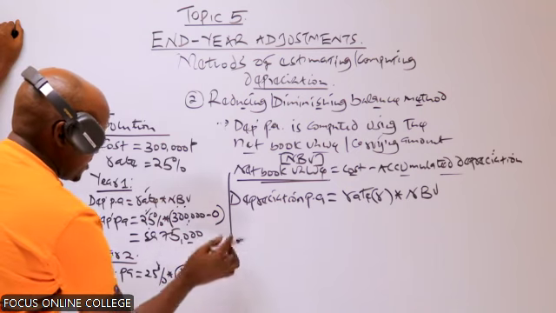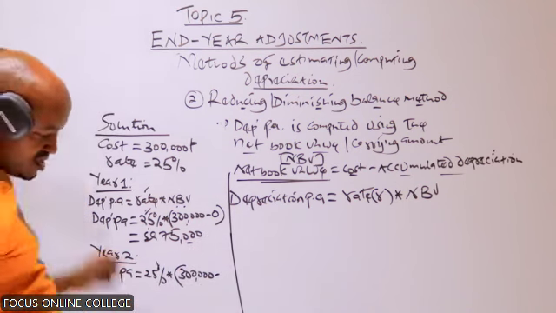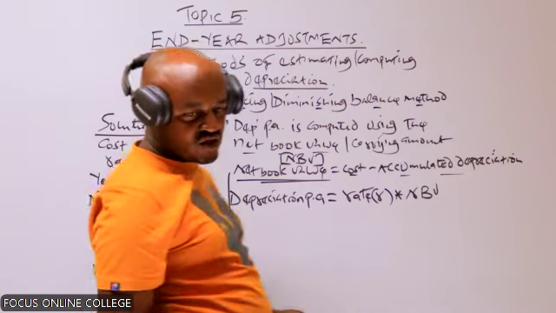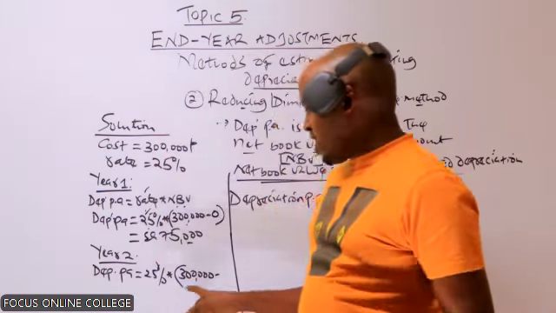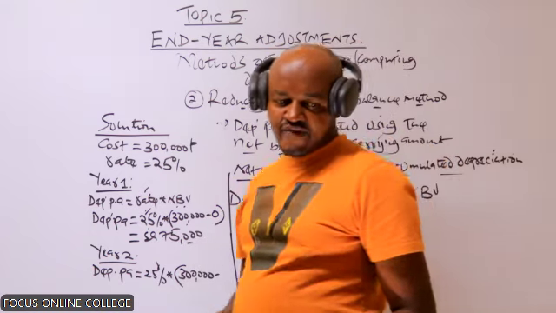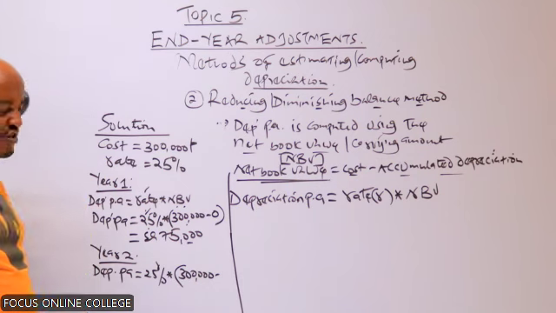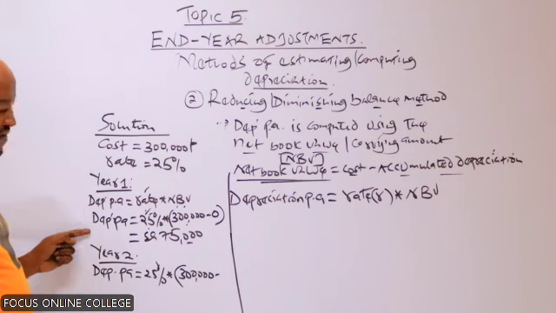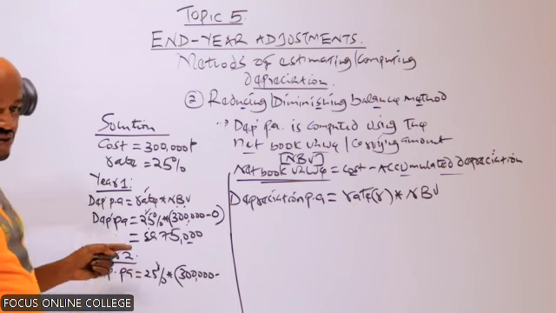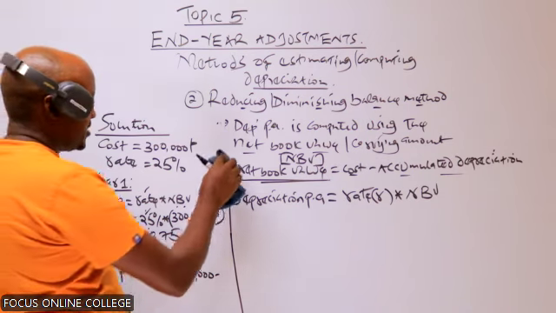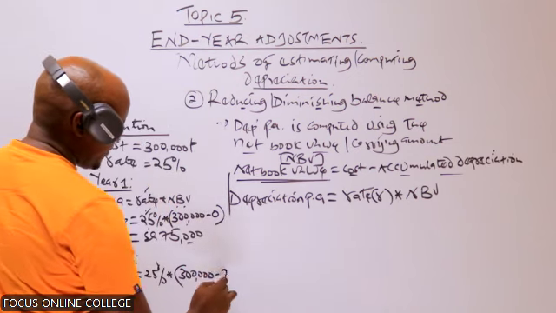Who can tell us what the accumulated depreciation is? Remember, our asset has just been used for 1 year, only in year 1. So the accumulated depreciation here will be equal to 75,000.